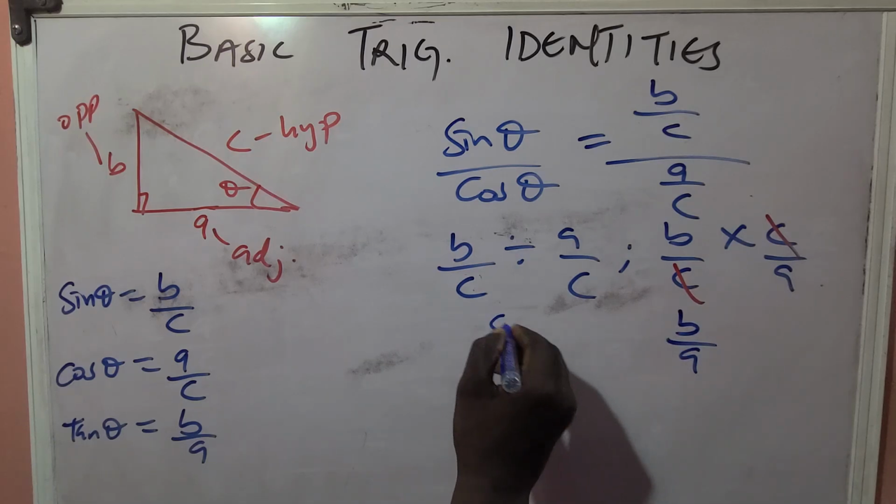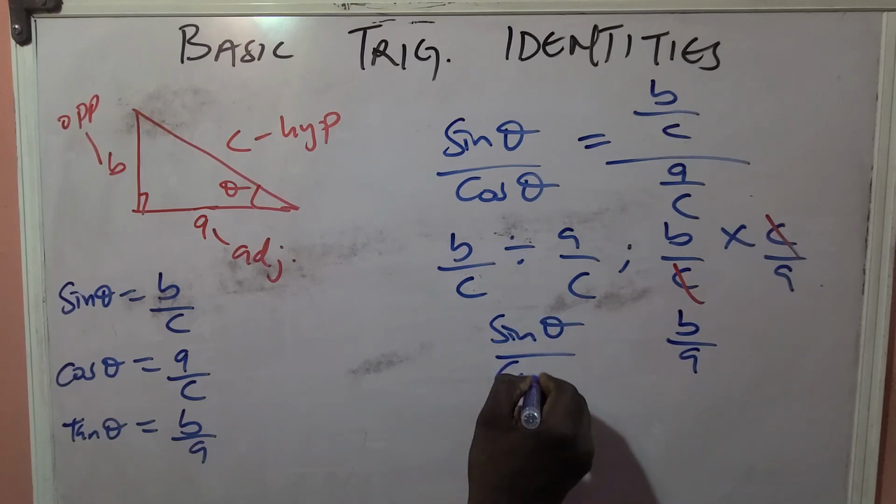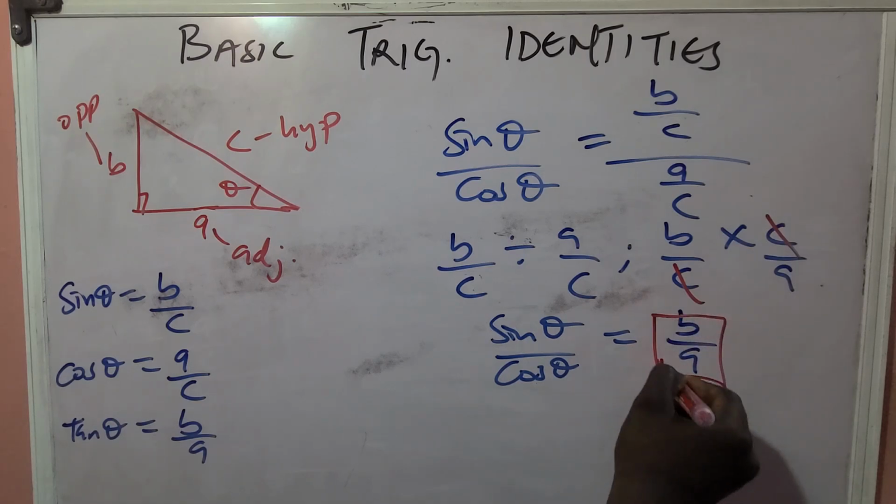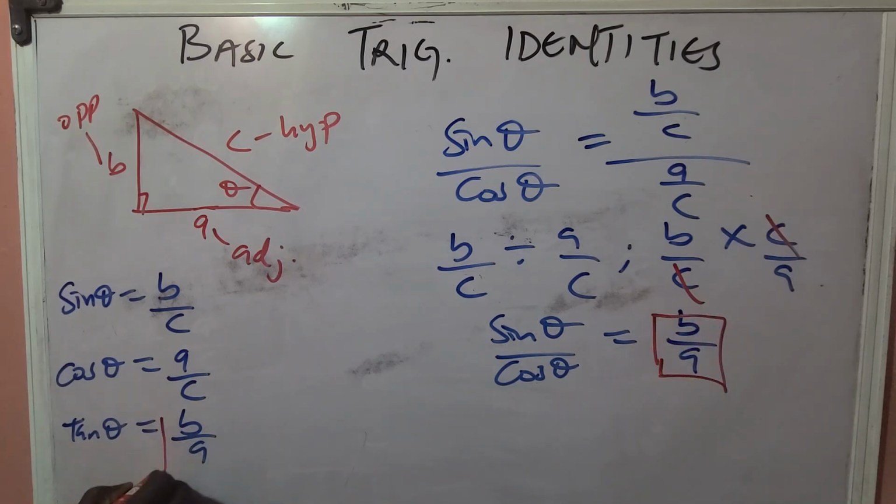So we can say sine of an angle theta over the cos of an angle theta is equal to B over A. Now, when you look at this, you can see that the B over A right here is the same thing as the B over A that was represented with tan theta.